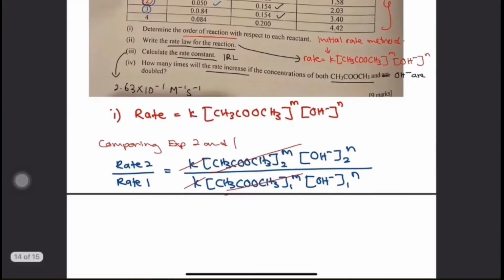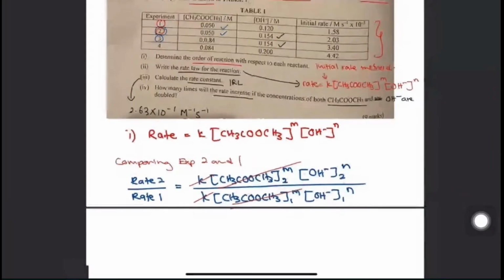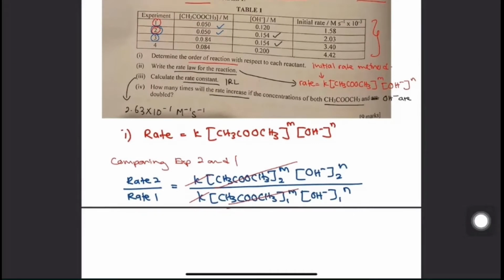So what we have is rate and the concentration of OH minus. So let's write that. So rate 2 was 1 point. Can someone do the calculation for me, please? Press your calculator. Divided by, oh, sorry, it's the other way around. Okay, don't make that mistake.